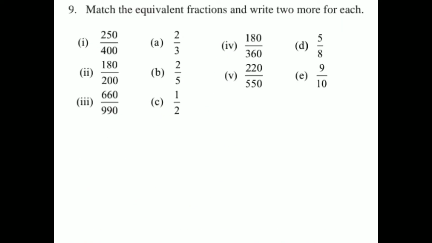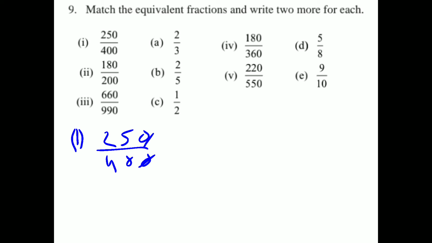In this you have to match the equivalent fraction with the number. Firstly we do part I. Clear? 250 and 400. You can cut these. Firstly you cut 0, 0. Then 25 and 40 come in which table?